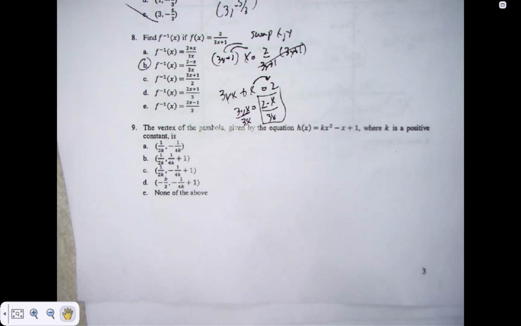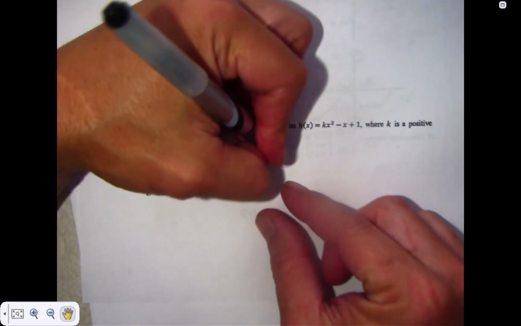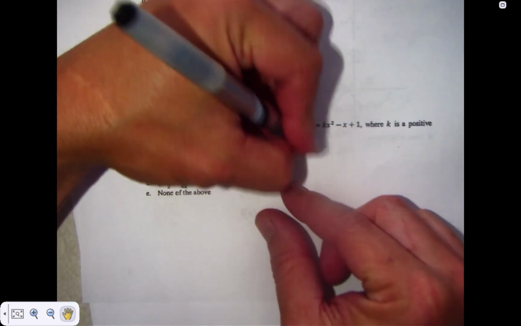The vertex of a parabola given by the equation h of x equals kx squared minus x plus 1, where k is a positive constant, is, well, this is just legit opposite b over 2a. The vertex is at opposite b over twice a.